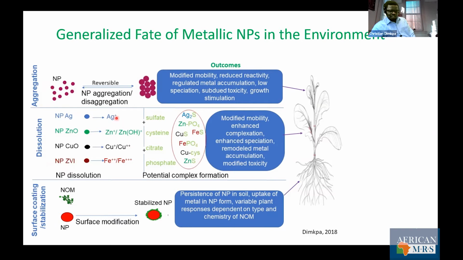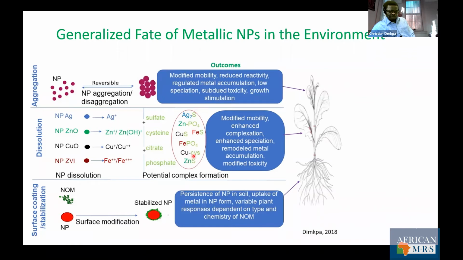And when all of these dissolve into ions, the ions don't exist in the soil per se. They form complexes with anions like organic acids or even phosphate. And you have new products like silver sulfide, zinc phosphate, copper sulfide, iron phosphate, copper cysteine, zinc sulfide.